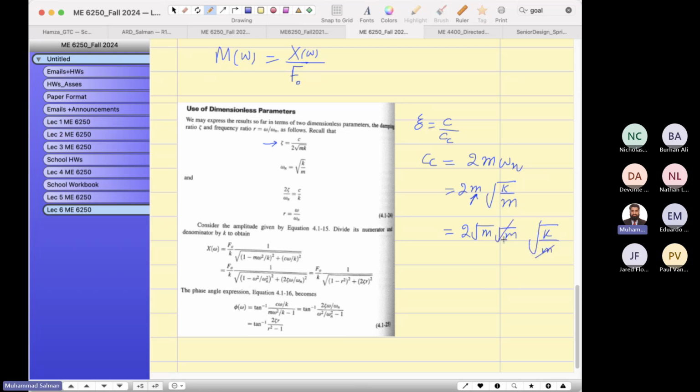So this m is cancelled by this one, and you're left with 2 square root of mk. So we can write it like this, 2m omega n, or like this, c over.